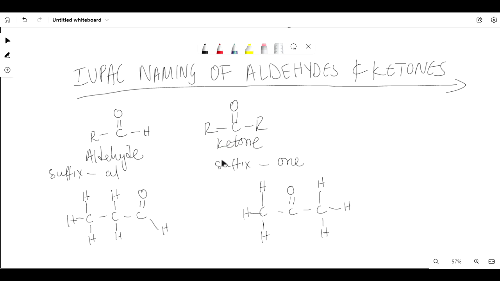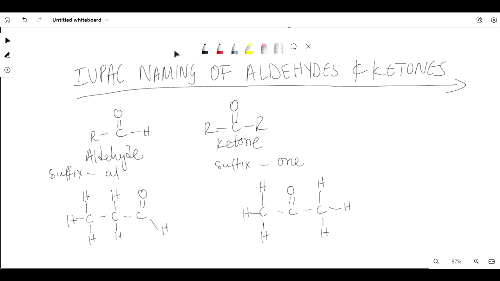The minimum ketone that we can have is propanone, so starting from propanone going up, but with aldehyde the minimum you can have is starting from methane.